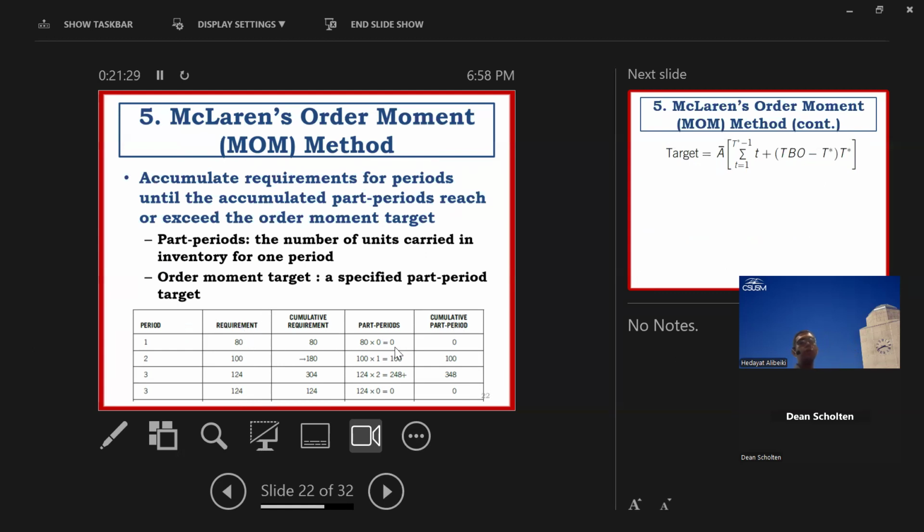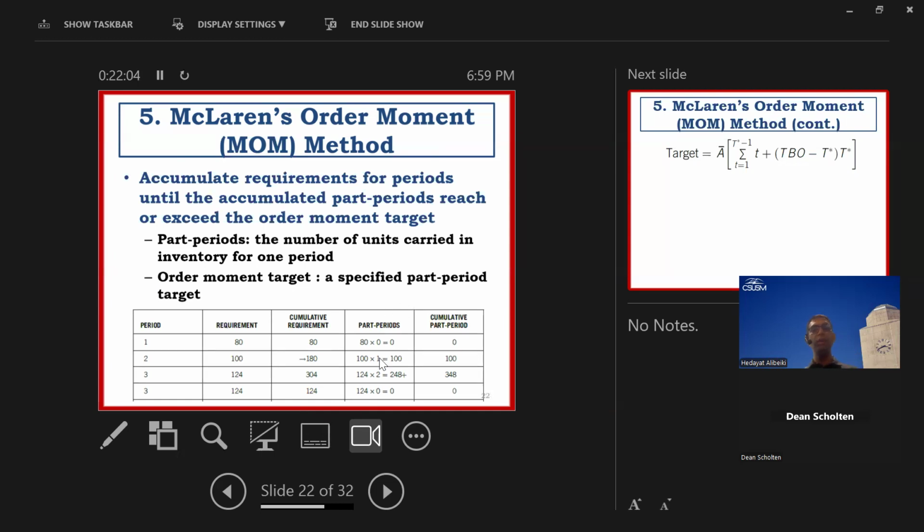If I order 80 units in period 1, that's one scenario: I only order enough for that period. The other alternative is I order 180 in period 1, which is enough to cover week 1 and week 2 net requirement. Or I order 304, which is enough to cover periods 1, 2, and 3. So I have 3 scenarios.